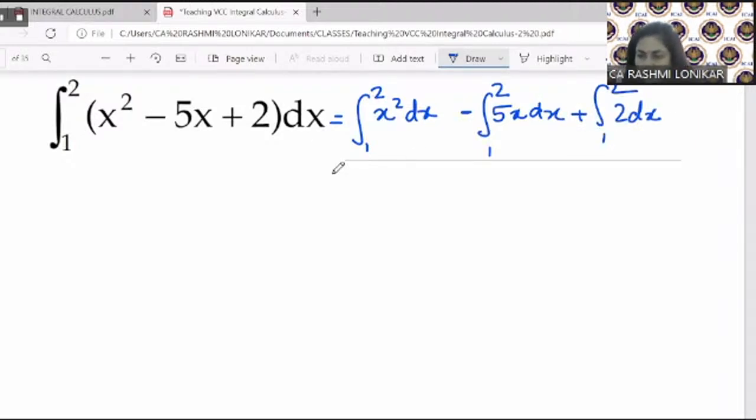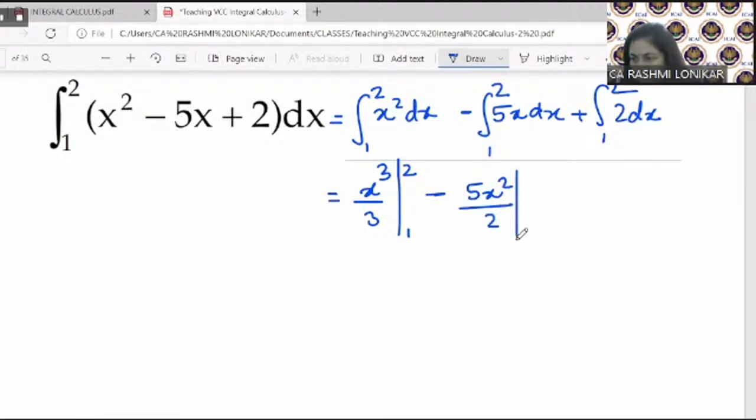Now what will this be? This is equal to x square. The formula will be x raised to 3 upon 3 going from 1 to 2, minus this will be 5x square upon 2, 1 to 2, and plus 2x going from 1 to 2.